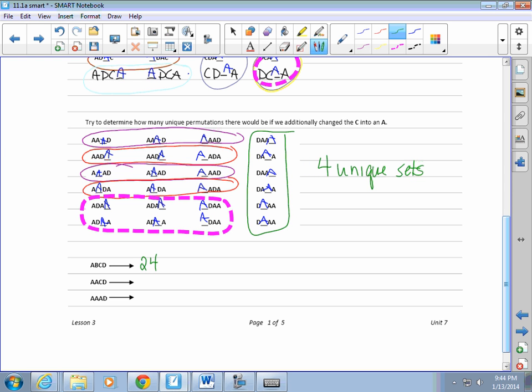When I only had 3 choices of letters but 4 spots to fill, I went down to 12 unique sets or 12 unique arrangements. When I repeated one letter 3 times but still had 4 spots to fill, I only had 4 unique arrangements.